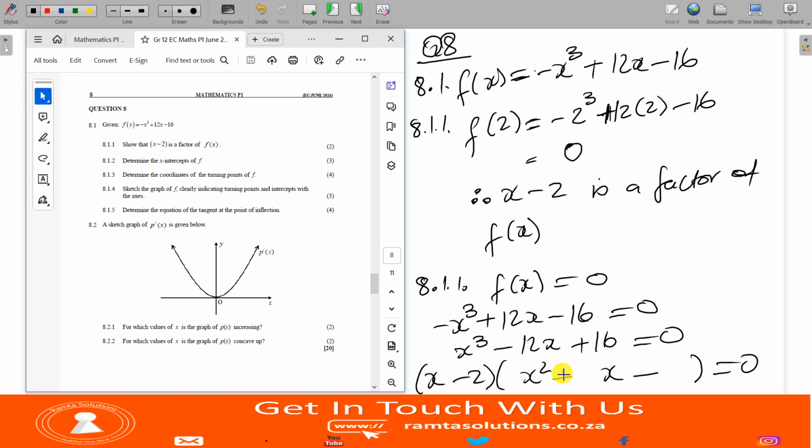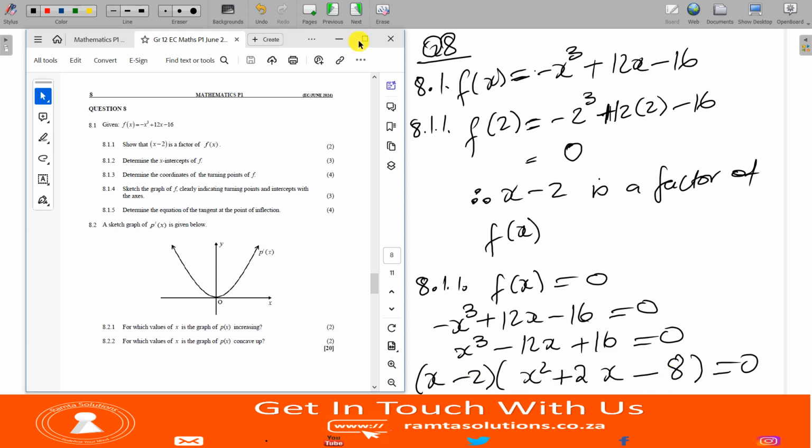It means you need a positive 2x, because negative 2x squared plus positive 2x squared will be 0x squared. Then we are good to go. Now, 16 divided by negative 2 will be negative 8. And this is us saying we are good to go.